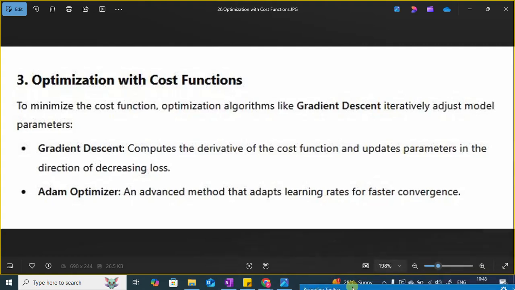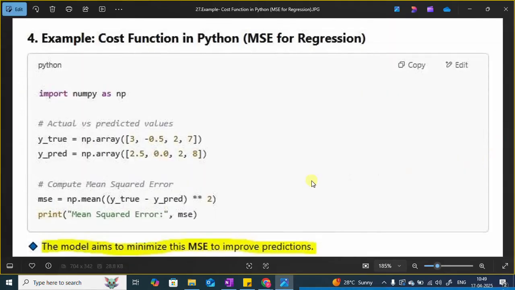We use an algorithm like gradient descent to iteratively adjust model parameters, which we have already learned before. Gradient descent computes the derivative of the cost function and updates the parameters in the direction of decreasing loss. Similarly, we use optimizers like Adam, an advanced method that adapts the learning rate for faster convergence.